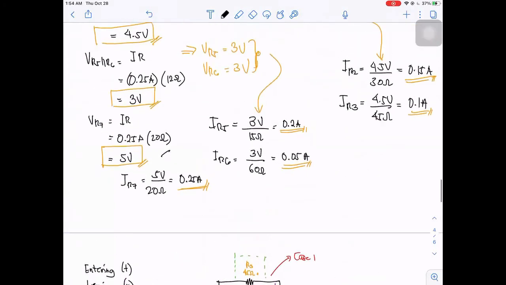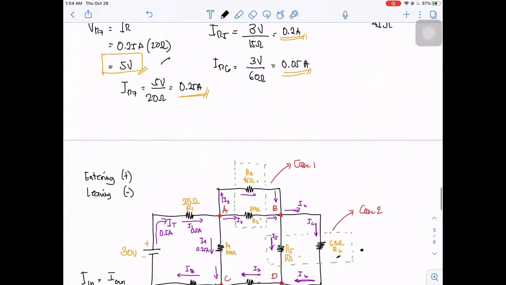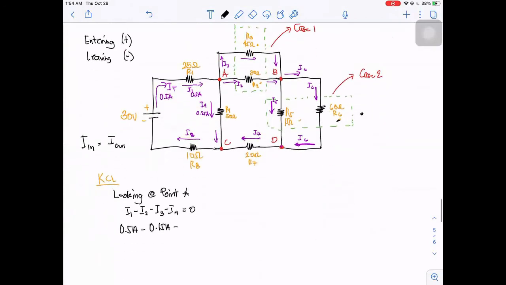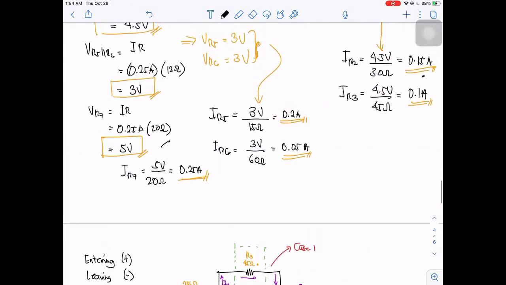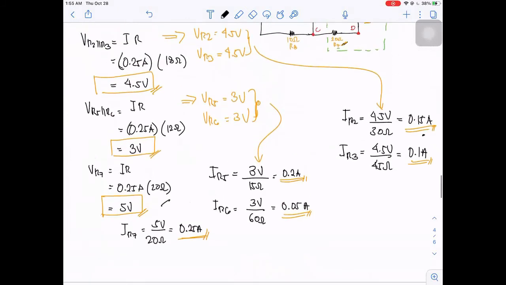We have 0.15 ampere, minus I3, which is equivalent to 0.1 ampere. And I4, which is equivalent to 0.25 ampere.